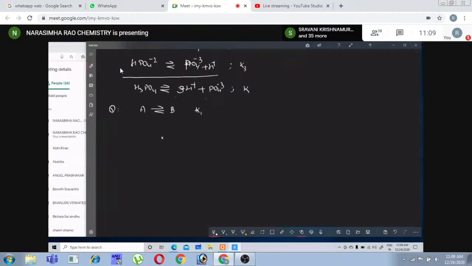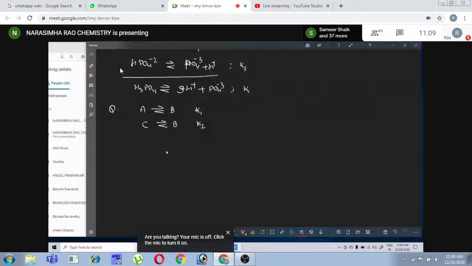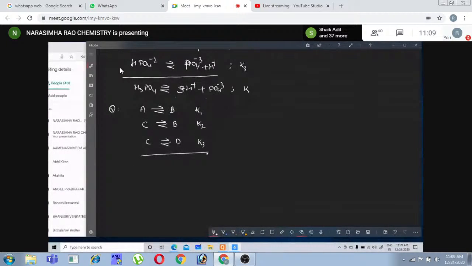Now again C is in equilibrium with B. This is K2. Now C is in equilibrium with D. This is K3. Now find K for the reaction D in equilibrium with A.